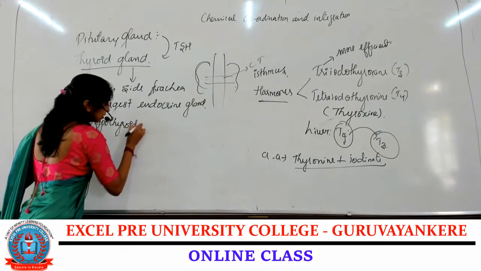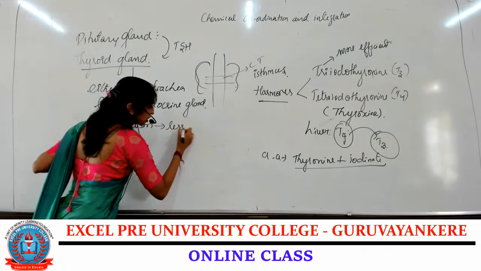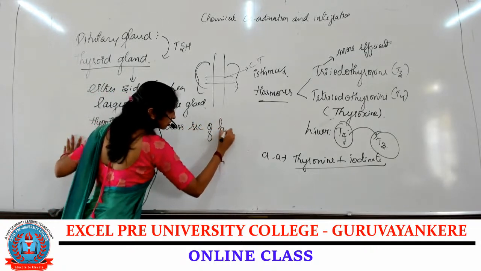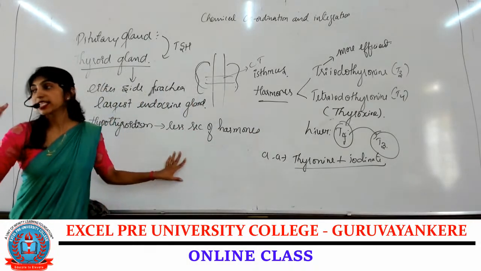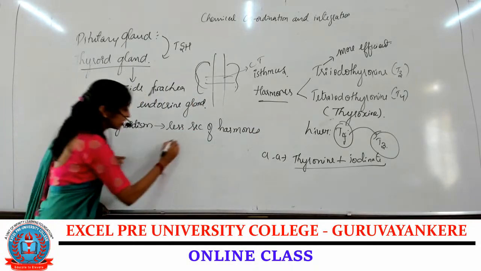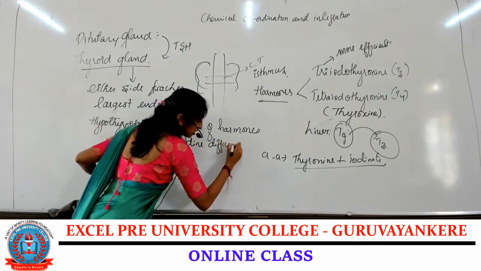Less secretion of the hormones. When the hormones are secreted in less quantity, when there is iodine deficiency, that is hypothyroidism. Is that clear?